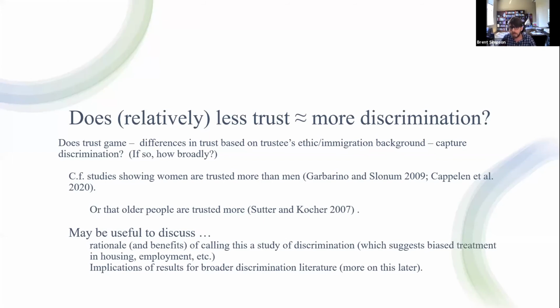And related to that, it would be useful to discuss the implications of results from these studies for the broader discrimination literature. And I'll say quite a bit more about that in a moment.